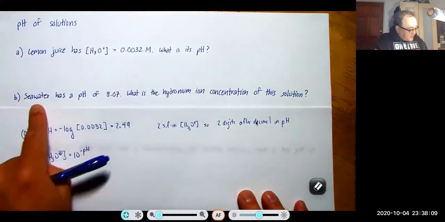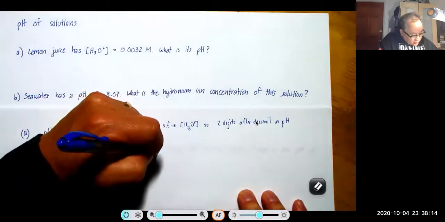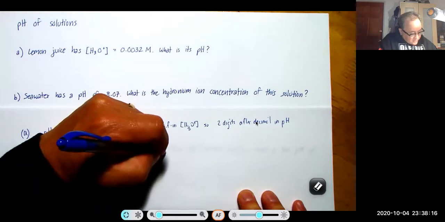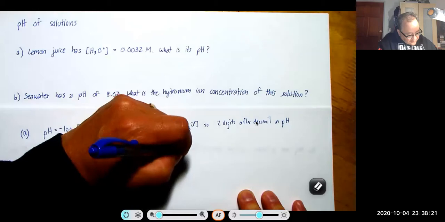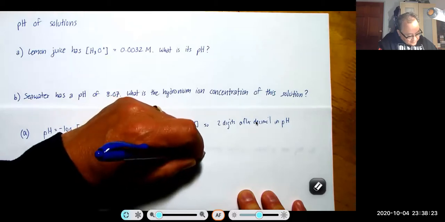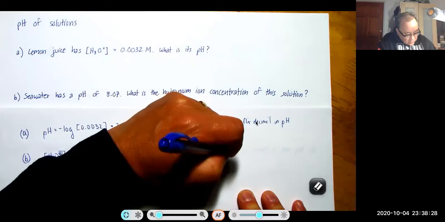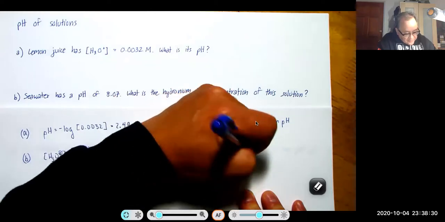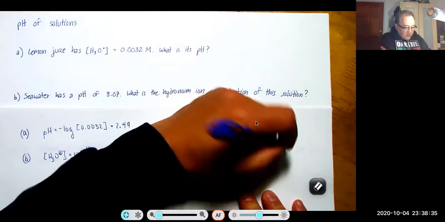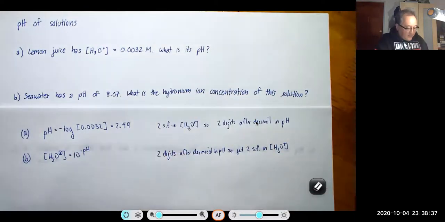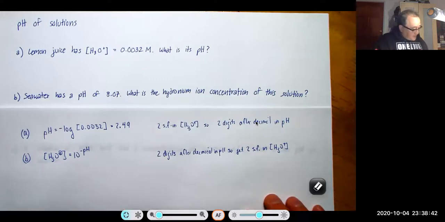And here we have a pH of 8.07, so we have two digits after the decimal in the pH, so you get 2 sig figs in the hydronium ion concentration. So here, this is kind of the reverse of what we've done above, but we're always looking at the number of digits after the decimal in the pH.